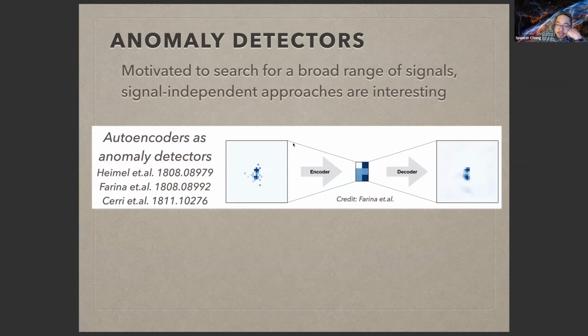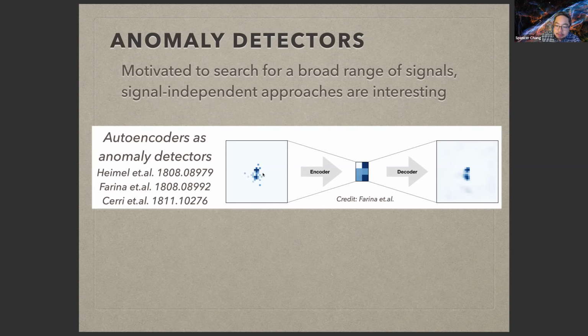The idea is you train this on QCD images of jets, you compress it, and you want a good representation. Of course, this isn't perfect. You can see it mostly gets these hot spots best and loses a lot of the other stuff, but largely it does okay. I'm really designing this to be good at background events.